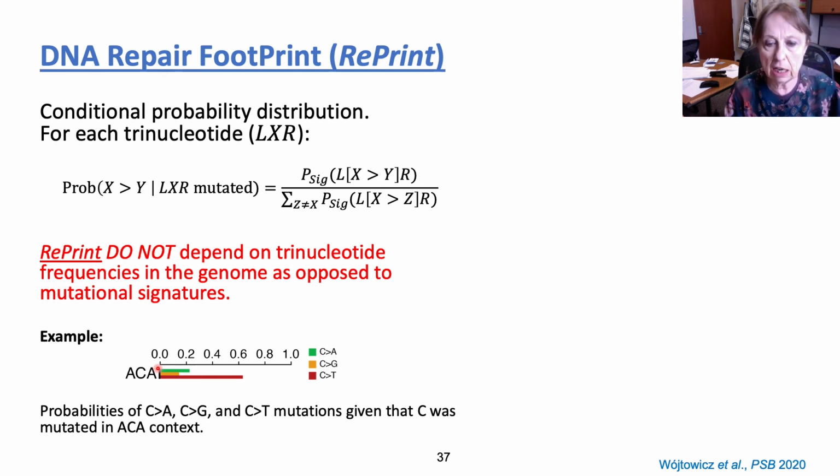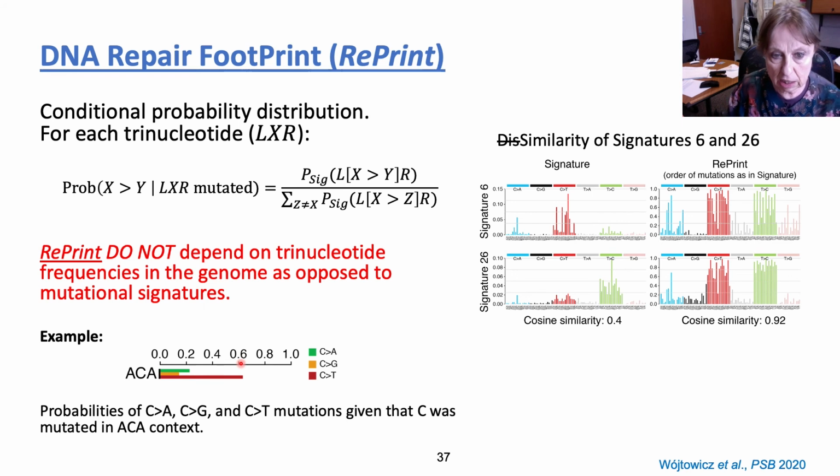If what was different in different mutational signatures was the primary process, the process that generated the lesions, and the DNA repair deficiency was common, then those processes should have similar reprints. And this is indeed what we see here as an example of 2 signatures that are known to be associated with mismatch repair. Those signatures, as you can see, are very different, but once we compute the reprints they are similar.